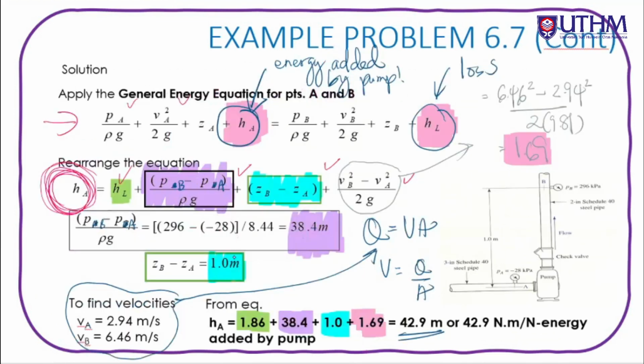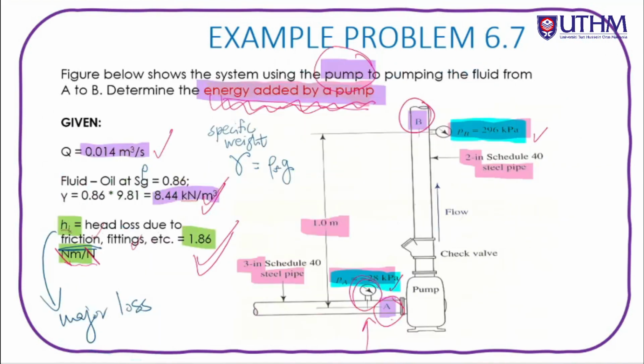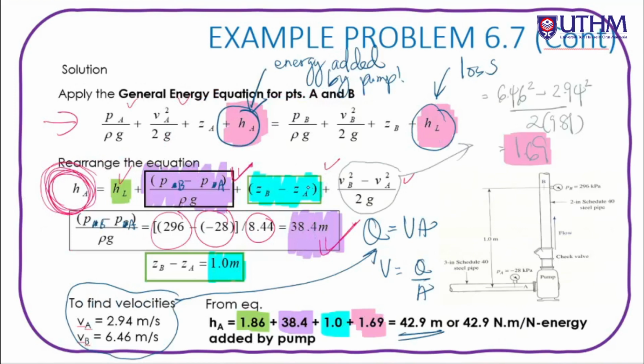Dan kita replace, kita akan dapat value for second term here, the purple highlighted area kan, sebab kita boleh replace je this value kan. Rho G ni 8.44 lah, specific weight kan. Alright, specific weight which is given. Okay, and then the blue shaded area ZB minus ZA also given, and this 1 meter. Alright, and then the final or the last term VB squared minus VA squared, this one kita kena work out sikit lah kan.